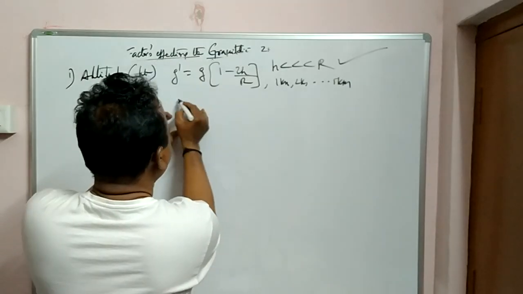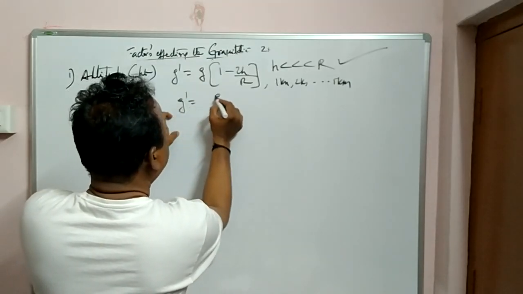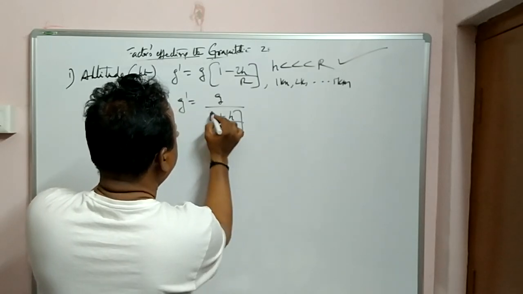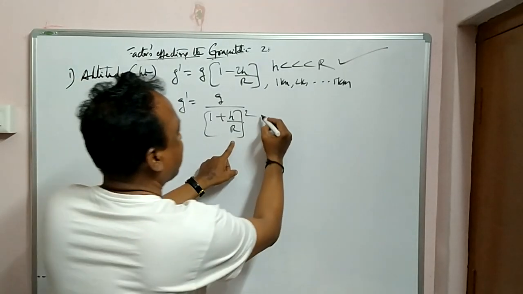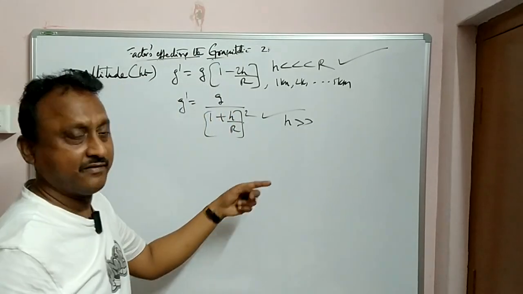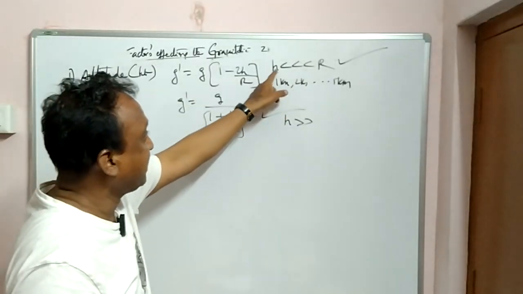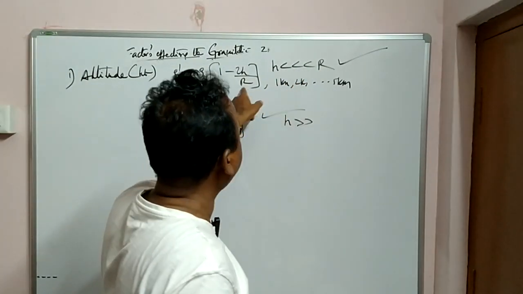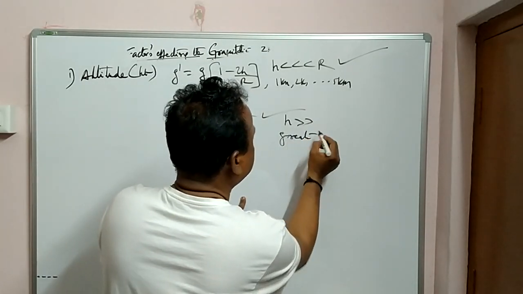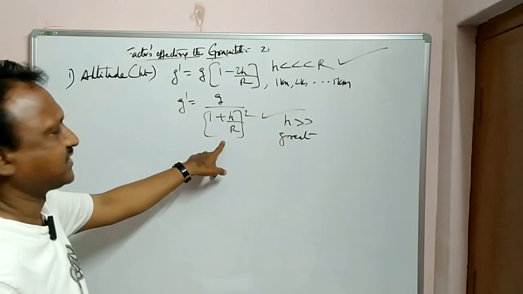Or otherwise, what I told, the always correct formula, G dash is equal to G by 1 plus h by r. This formula is always correct when the value is greater. When it is very much less than r, you can take this formula. When it is a greater value, then you have to apply this formula.